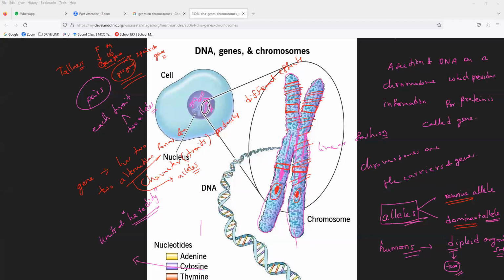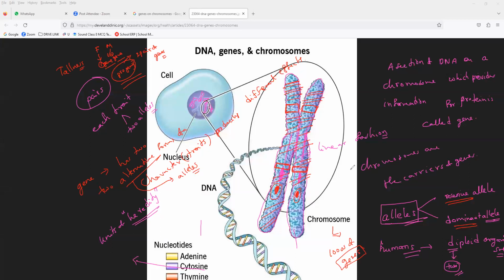Hundreds of characters, thousands of characteristics we are getting, everything from our parents, by contributing equally. That is what it means that both parents contribute equally to the DNA of progeny during sexual reproduction. So one chromosome contains thousands of genes. That is what you have to remember. Okay, everybody? All of you?